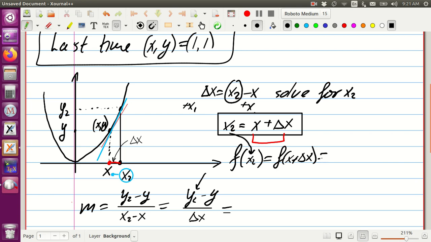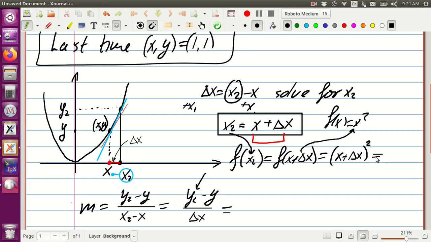All right, so let's try to calculate this. Our function is x squared, so f of x is equal to x squared, right? So we're going to take x plus delta x and plug it in over here for x. So that's what we get.